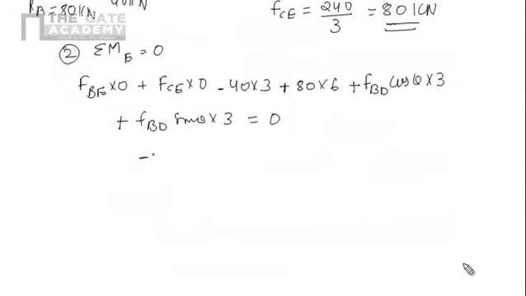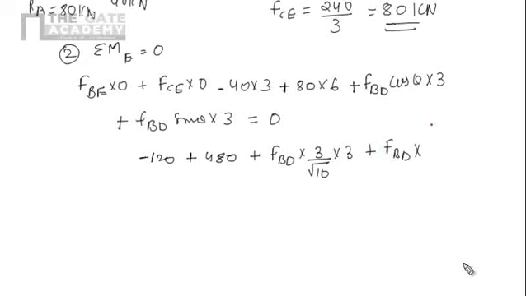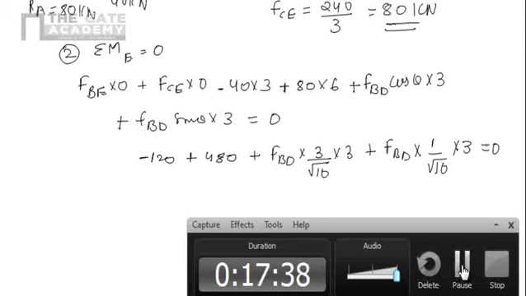So it will be minus 120, that is 480, plus FBD cos theta, we know 3 by root 10, into 3, plus FBD sin theta, which is 1 by root 10, into 3, equals 0.